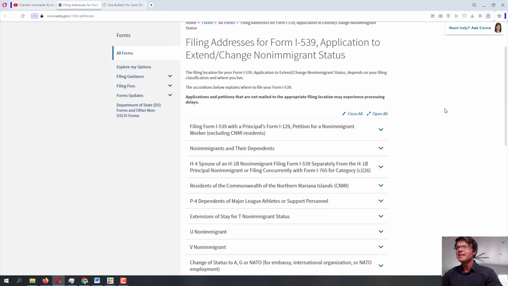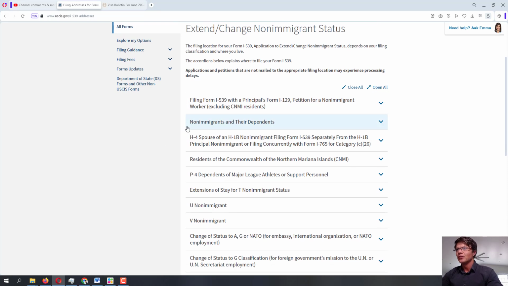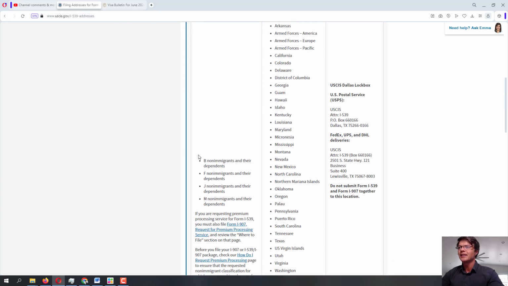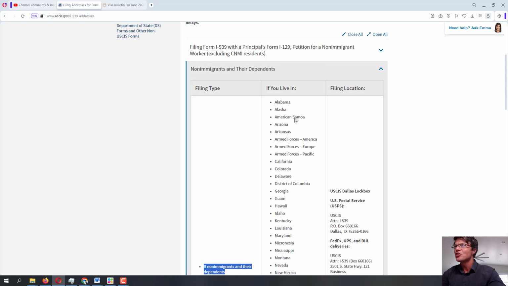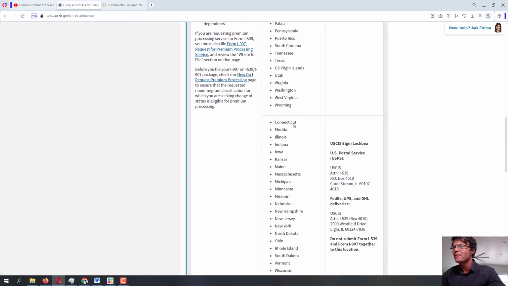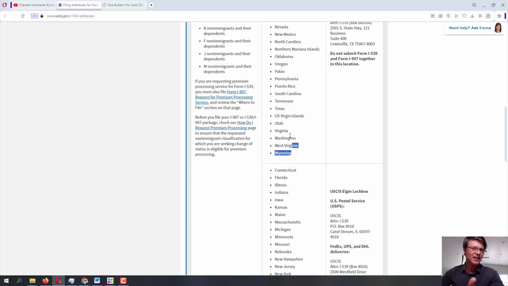So let's see. Filing Form I-539 with principal Form I-129? No, we're not doing that. Nonimmigrants and their dependents. Now that sounds correct. So this sounds like it's for us. Find the state where you live.